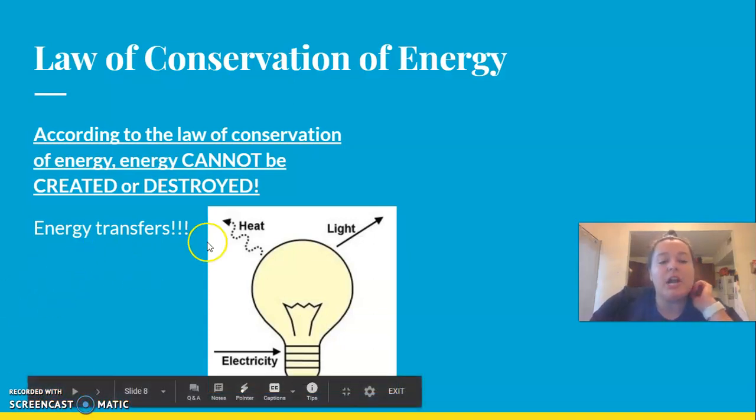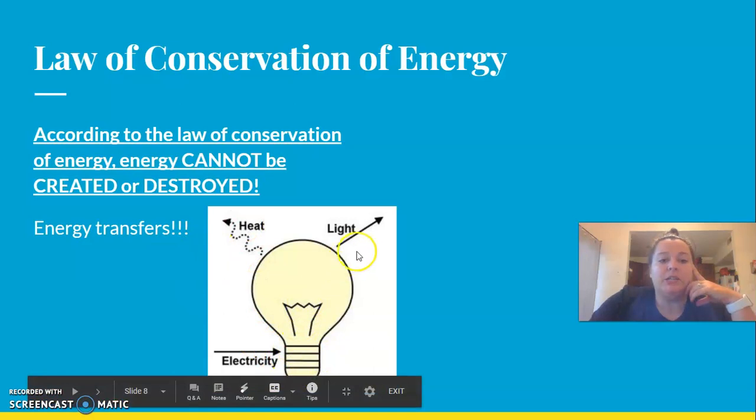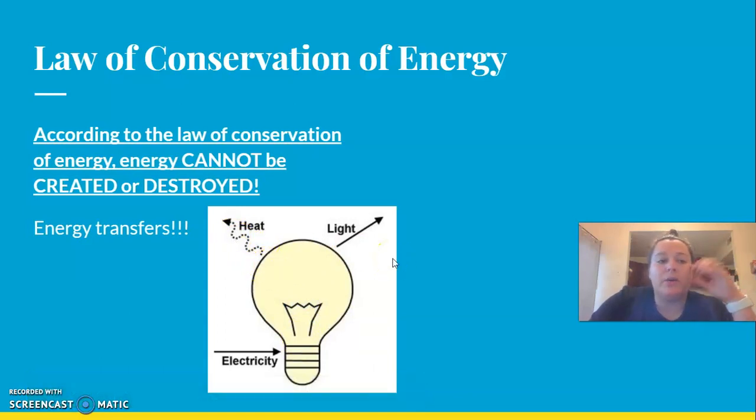So energy always transfers. To show you this with a light bulb, we use electrical energy to form the light that you see. And also, if you've ever touched a light bulb, you know it gives off thermal energy, or heat energy. So energy cannot be created or destroyed. It only transfers from object to object.